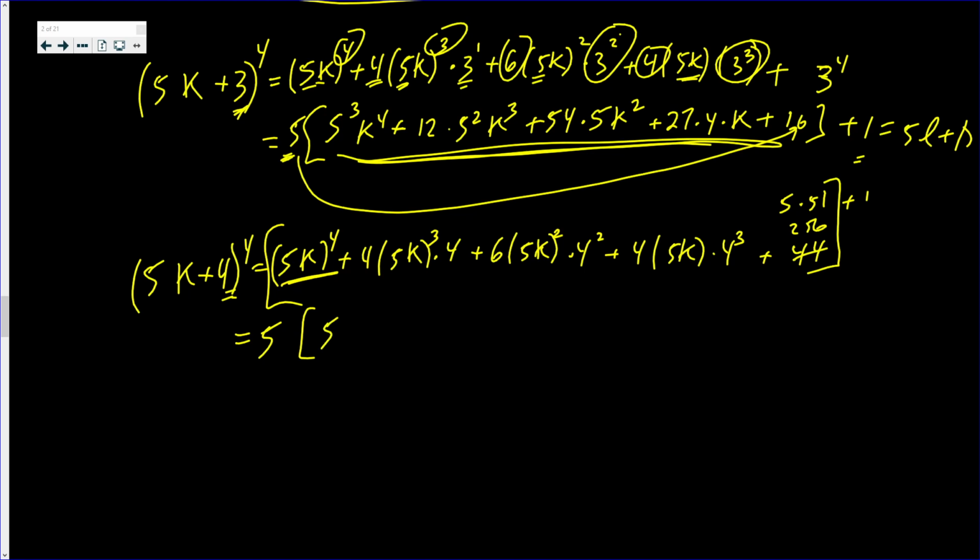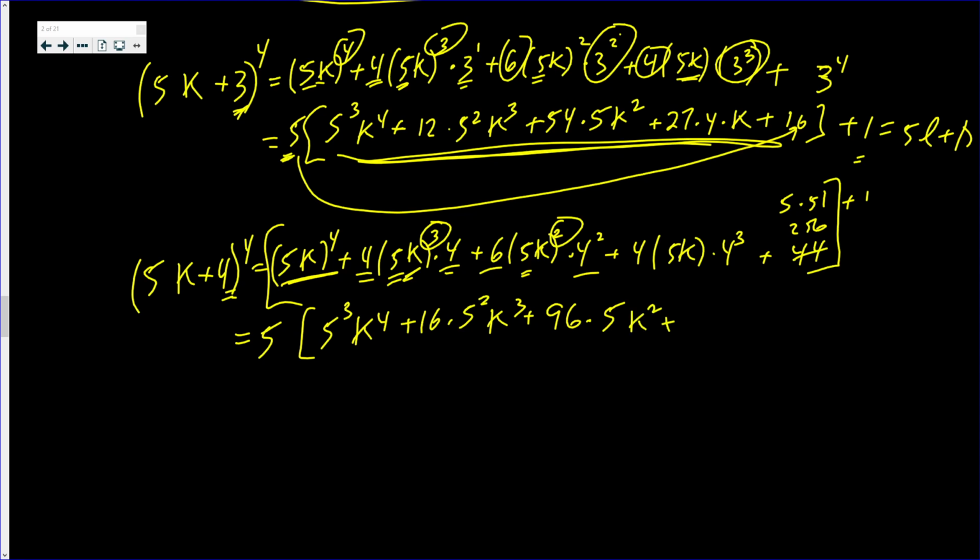From here, I'll have 5 cubed times k to the 4th. 4 times 4 is 16 times 5 squared, because I brought out one of the 3 5s, times k cubed, plus 6 times 16, which is 96, times 1 5, because I brought the second 5 in front, times 5 squared, plus 4 to the 4th, the 5 I brought in front, times k, plus 256, which is 5 times 51.